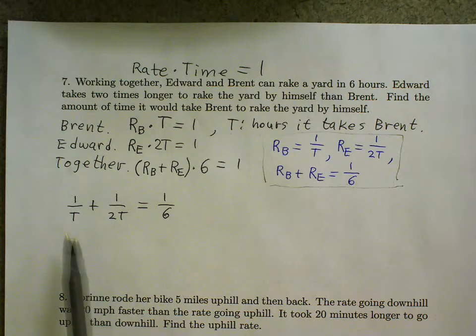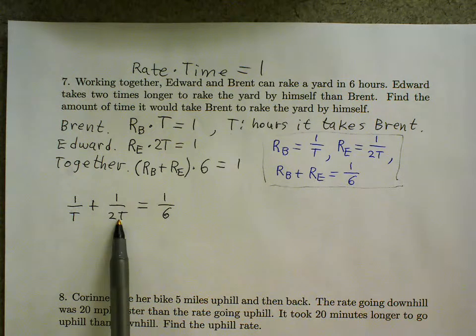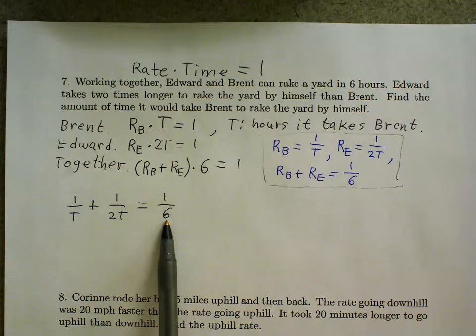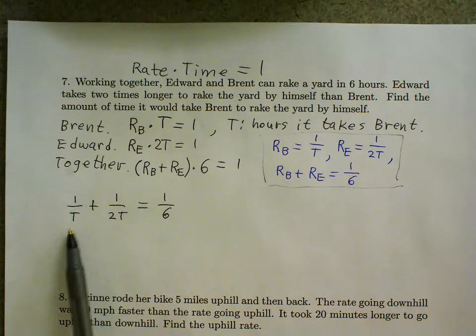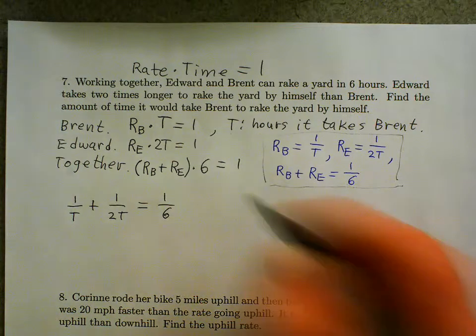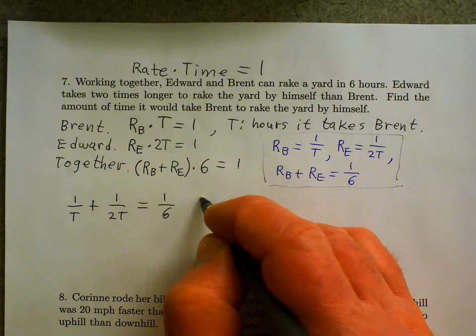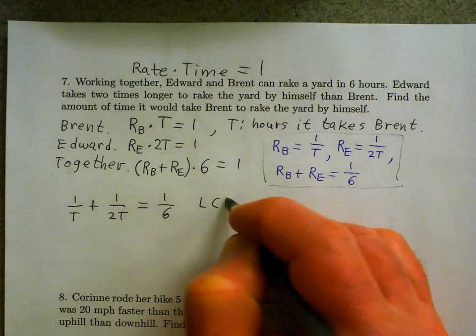So note that each of the terms represents the same kind of thing. It's Brent's rate plus Edward's rate equals the rate when they work together. The variable that we want to solve for is in the denominator of two of the terms. So our method is to find the least common denominator.